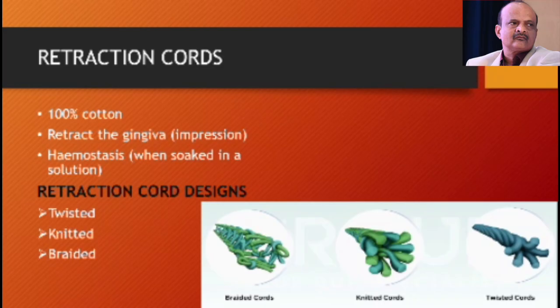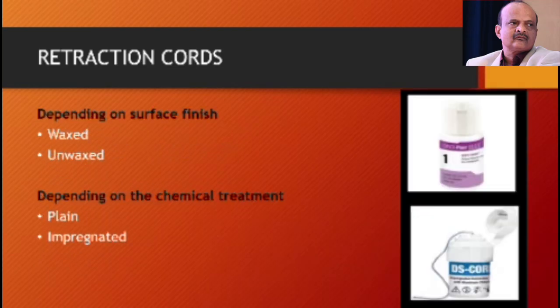Retraction cords are commonly twisted, knitted and braided. All these designs ensure that no thin layer is left behind. Retraction cords, depending on the surface finish, are waxed or unwaxed. Depending on the chemical treatment, they may be plain or impregnated.